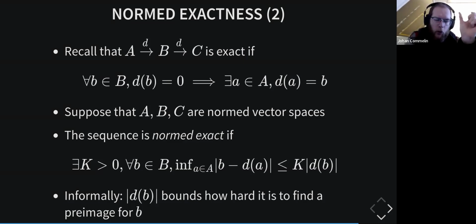It's not on the nose a pre-image maybe, but it's really good. If the norm of dB is very large, well then it might be really hard to find a good pre-image, and you'll have to be satisfied with a very bad pre-image.